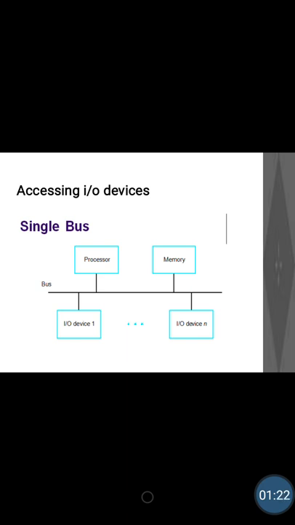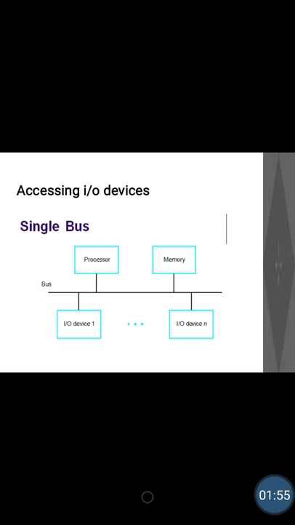Communication is thus established within the computer or between computers. In order to establish communication, firstly it has to communicate with the different devices connected to it. So we have to learn the different ways in which input-output operation can be done, and that itself is accessing of the IO device.